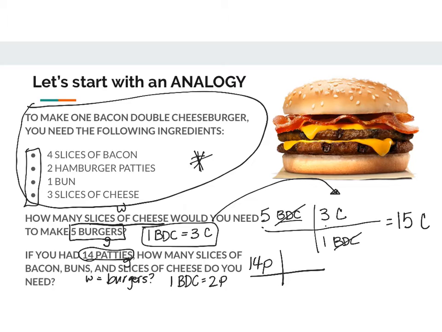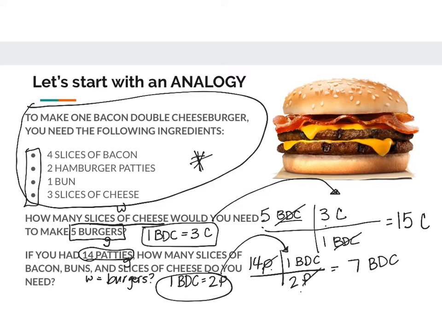All right, now I can use this conversion factor in my dimensional analysis. So since I want my patties to cancel out and I want to figure out how many bacon double cheeseburgers I can get, I would set it up like this. I would do 14 divided by 2, which is 7 bacon double cheeseburgers. All right, so this is really showing how your units are canceling and how you're left with the unit that you want.